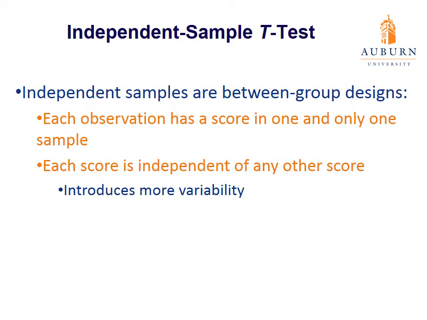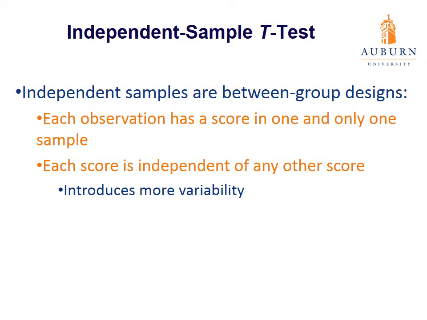And the reason why is because the observations are dependent on each other across the two samples. So if I have Bill and I measure him twice, well, everything about Bill is the same except for those two measurements. And so I can subtract those two measurements from each other and get a difference score. I can't do that in an independent sample t-test design. The people in one of my samples are completely different than the people in the other sample.